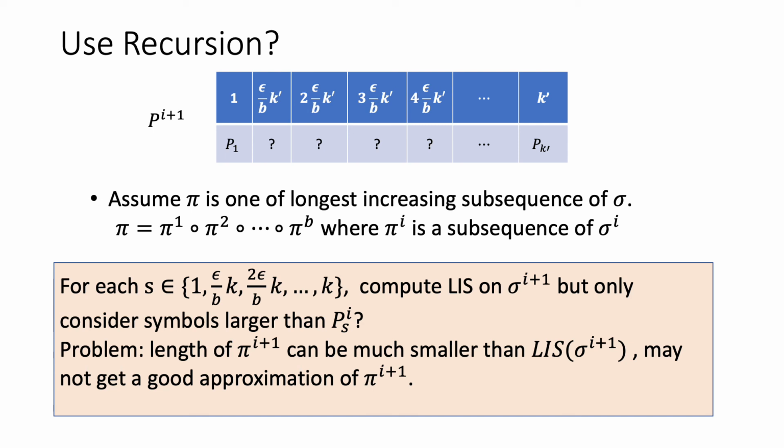However, there may be a problem here. This is because the length of pi_{i+1} can be much smaller than the longest increasing subsequence in sigma_{i+1}. Doing this may not give a good approximation of pi_{i+1}.